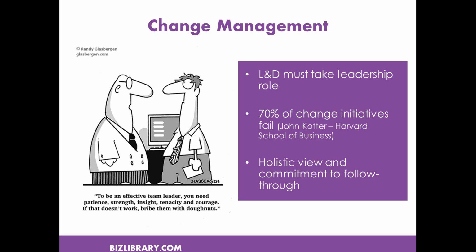In learning and development, we have to take a leadership role in this. John Kotter at Harvard Business School: 70% of change initiatives fail for a whole range of reasons, but we have to take a holistic view of this, drive this, be leaders, and we just really have to do this.